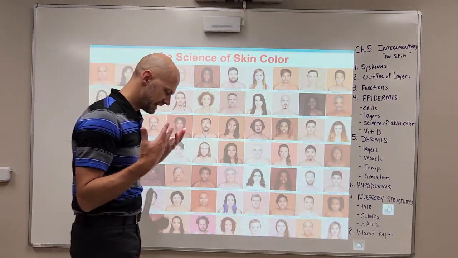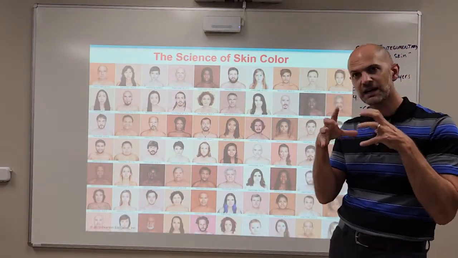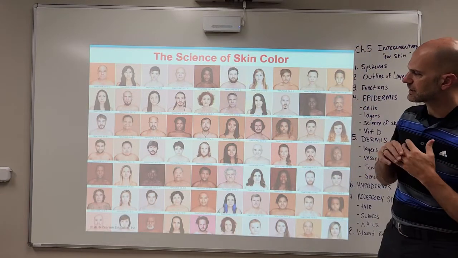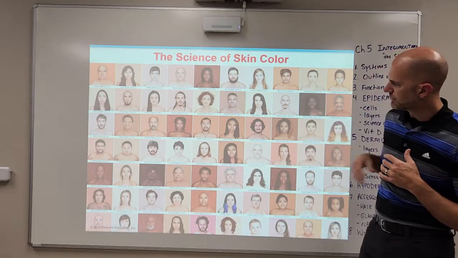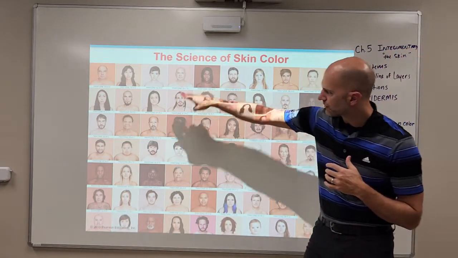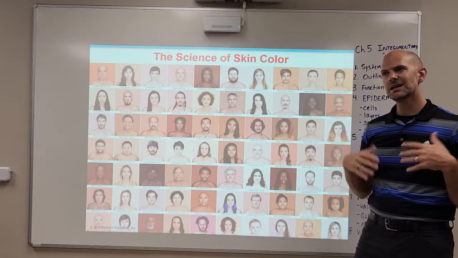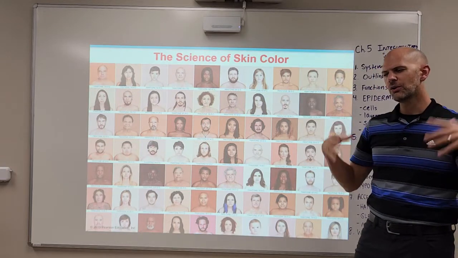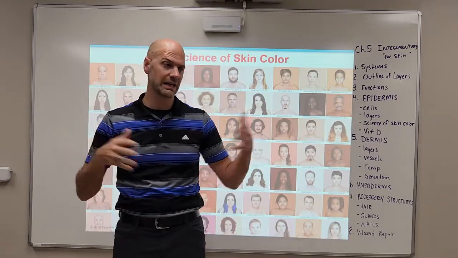All right, now, one of my favorite topics to teach about, the science of skin color. Notice all of these beautiful human beings and all of the variety of skin color. Pantone is, I think, an organization or a repository of all the colors in the world.